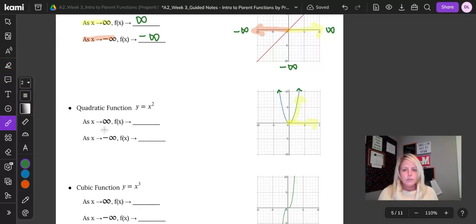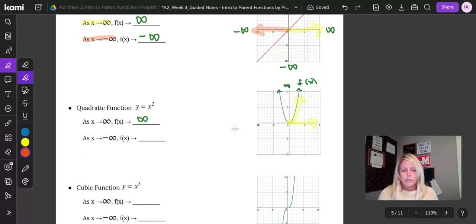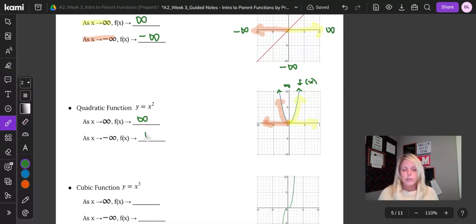So as x approaches positive infinity, f of x, or my function, is also approaching positive infinity. And then as x approaches negative infinity, as I go to the left, my graph is also approaching positive infinity. So it's going up on both sides, both directions, to the left and to the right.